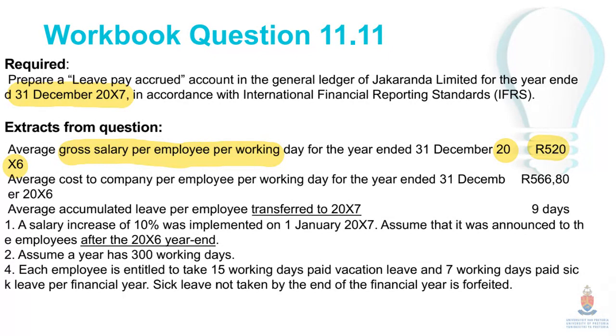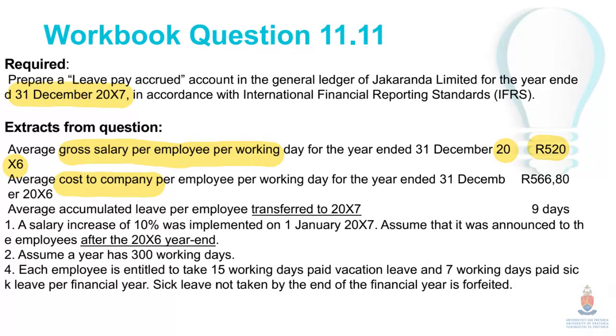So now it says the average cost to company per employee per working day for the year ended 31 December 2016. So what sort of thing are we going to write there now? So in my book, I wrote next to where we saw gross salary, I wrote paid out. So what sort of thing would I write next to average cost to company per employee per working day?